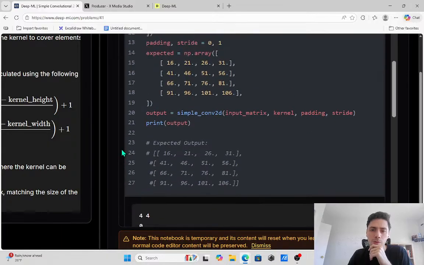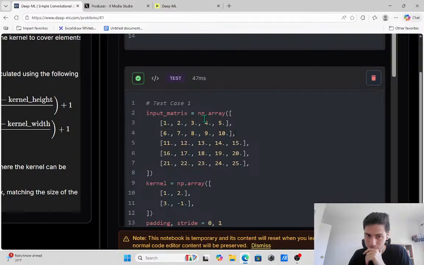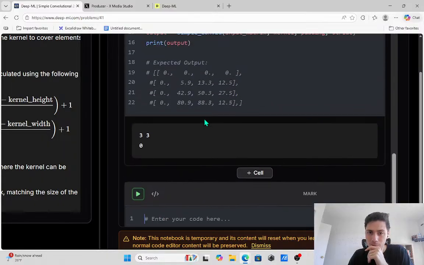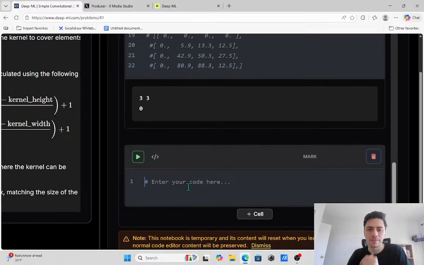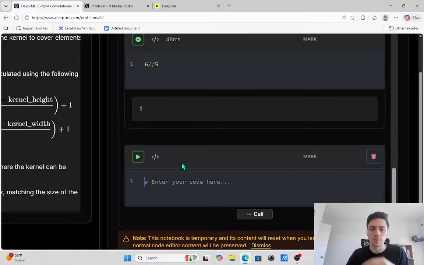Was it floor? I think you could do this. 2 divided by 5. 6 divided by 5.